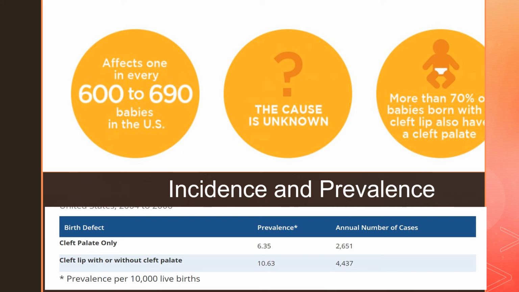And cleft lip with or without cleft palate is about 10.63, and the annual number is 4,473. I feel like both of these show a good picture of the incidence and prevalence. But I think it is time to go on to the next slide.